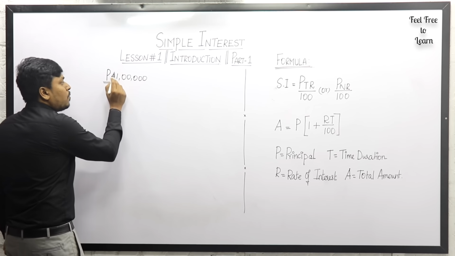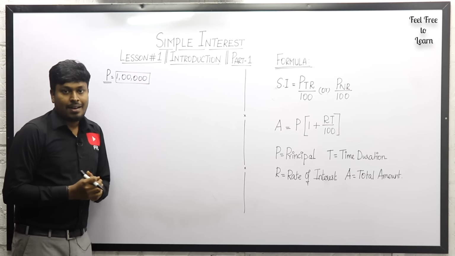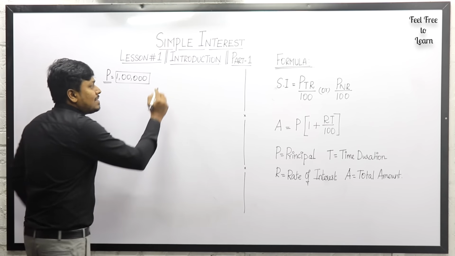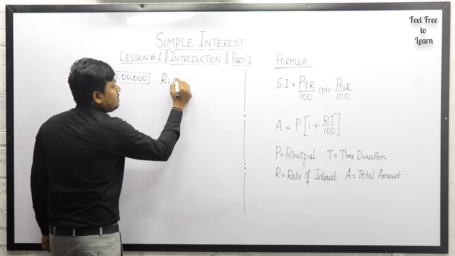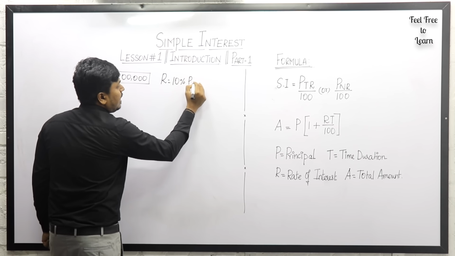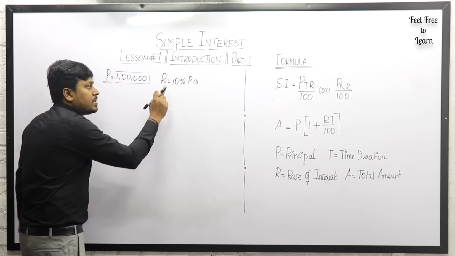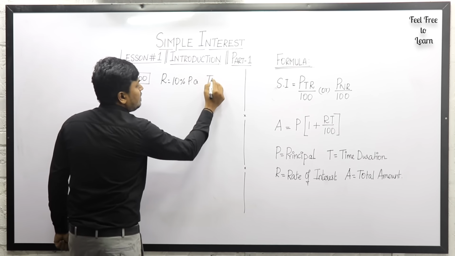So you are asking for 1 lakh rupees from the bank for a bike loan, and the bank is saying that they are going to charge you a rate of interest of 10% per annum. So PA, remember that, means for 1 year. So the bank is going to charge 10% interest, and the time duration will be 3 years.